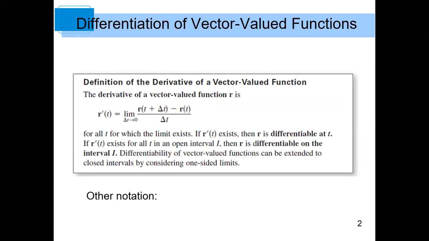You remember, f prime of t was equal to the limit as h goes to 0 of f of t plus h minus f of t all over h. We've just replaced h with delta t, and we've replaced f with the actual vector field, r, yeah? And we define the derivative the same way.